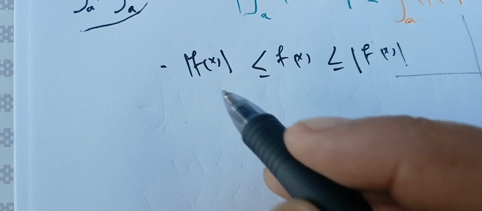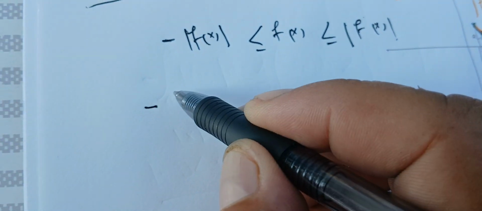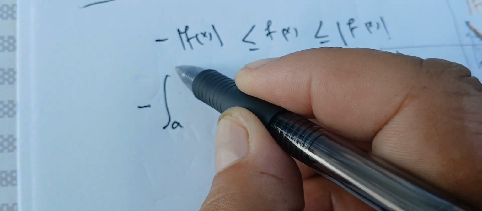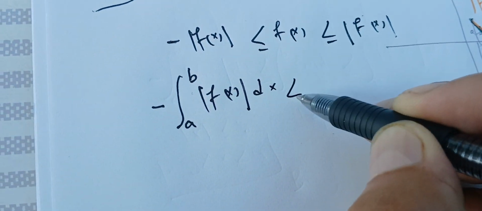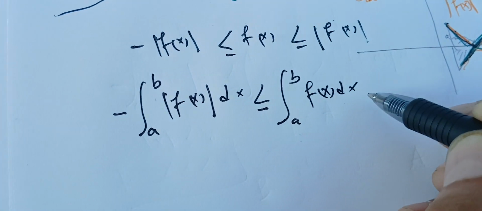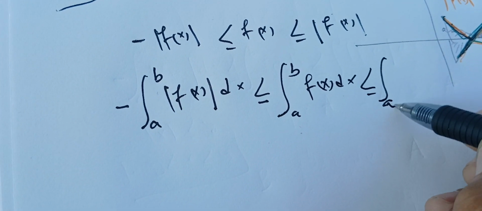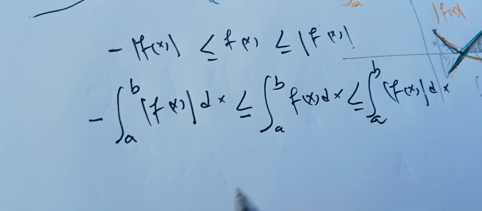This is a minus sign, and I can take the minus sign outside when I integrate. So minus the integral of the absolute value of f of x dx is less than the integral between a and b of f of x dx, which is less than the integral of the absolute value of f of x dx.